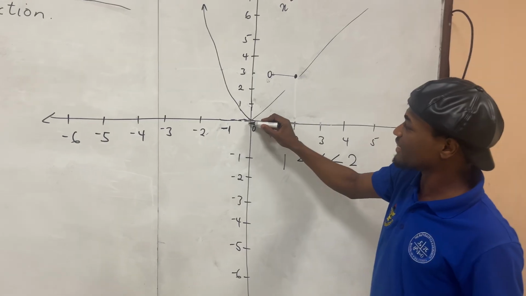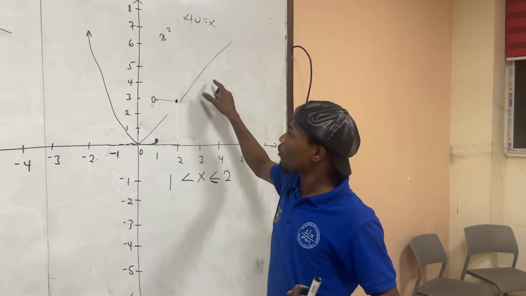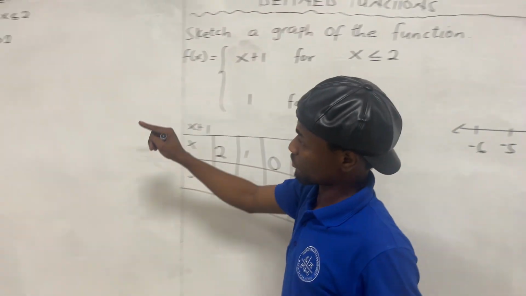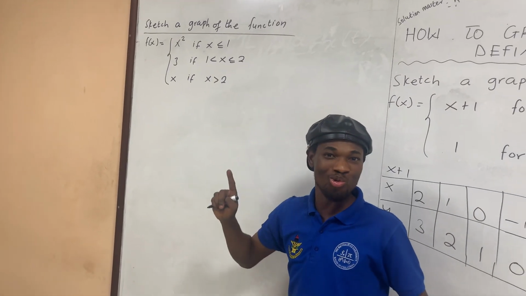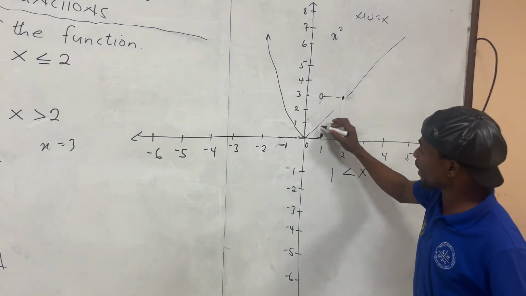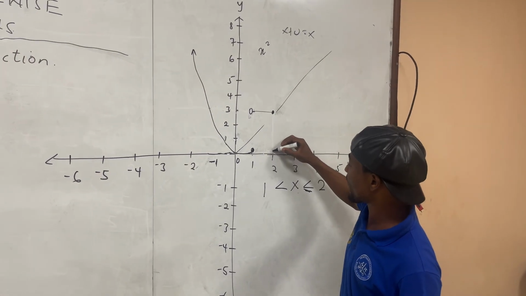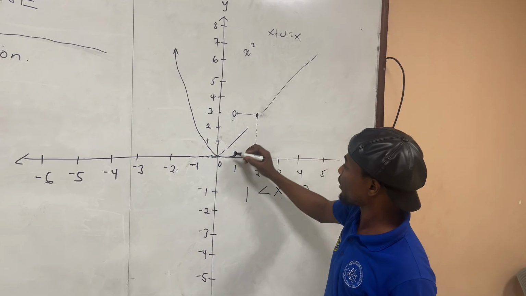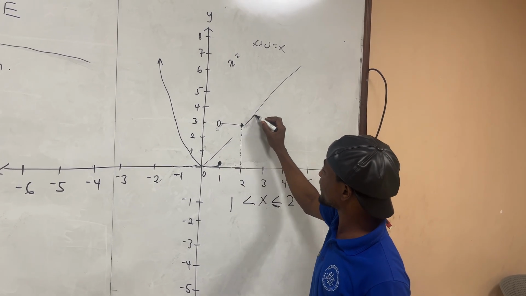So you have a straight line from the origin, but before we can make this function defined, let's obey the condition. If x is greater than 2, good. So where is my 2? This is my 2, somewhere here. If I draw this up to here, it should be greater than 2.